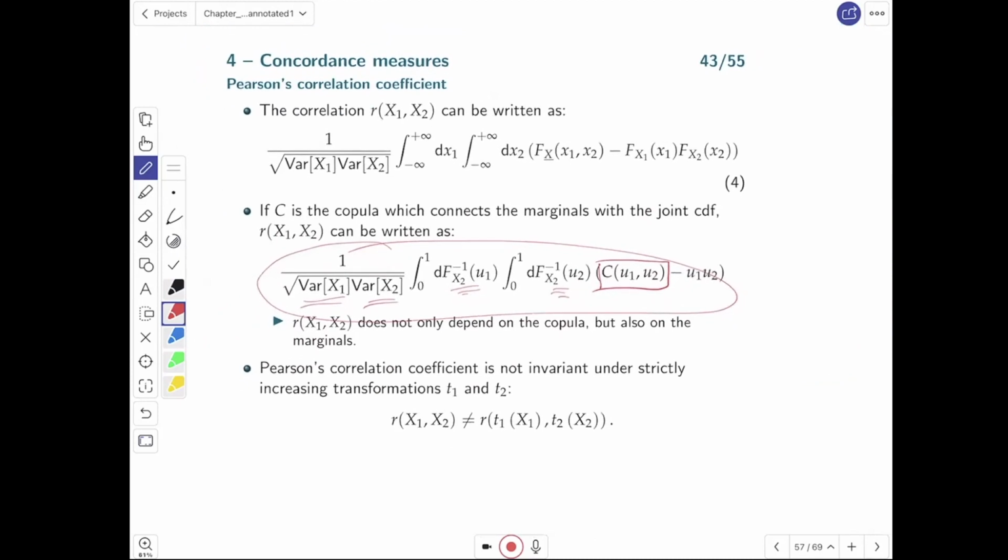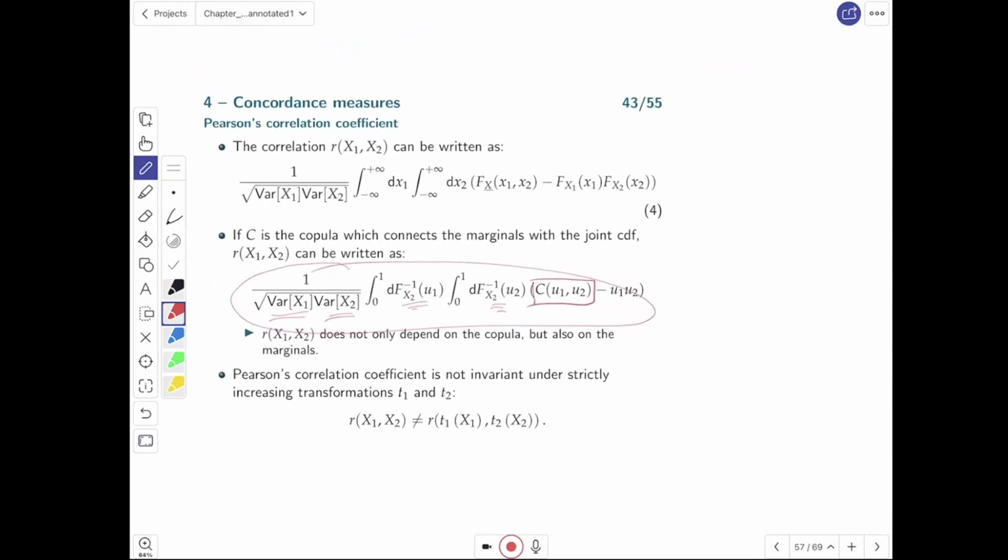Right? More general, if I take T1, T2 increasing functions, so I change x1 a bit, I change x2 a bit. Of course, I need to take increasing functions, otherwise I go from positive to negative or the other way around. But if I only change x1, only change x2, I didn't change the copula.